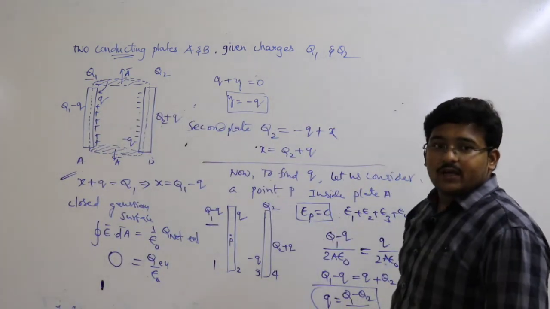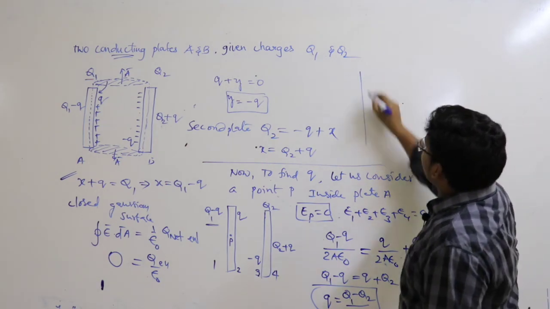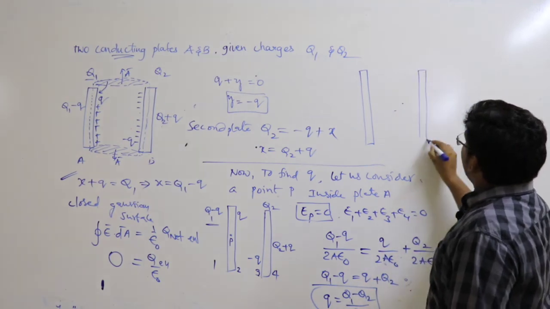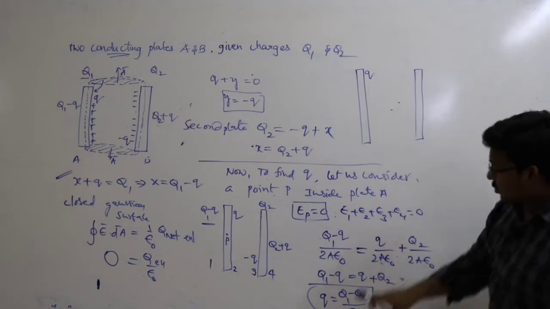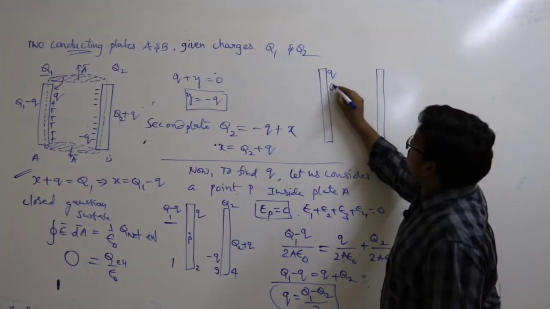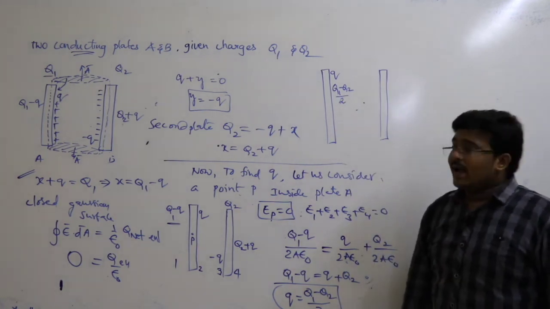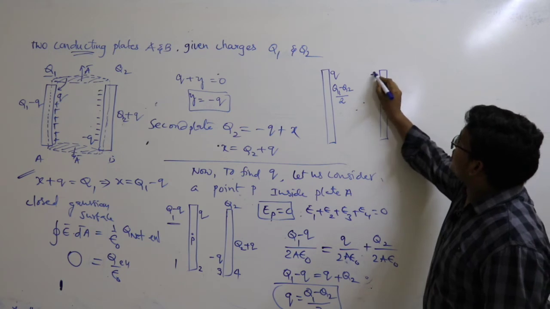So that is why I am just taking now the charges here. What is this plate? Q, na. So what is the q value we got? Q1 minus Q2 by 2. And when it is Q1 minus Q2 by 2, this becomes minus q.